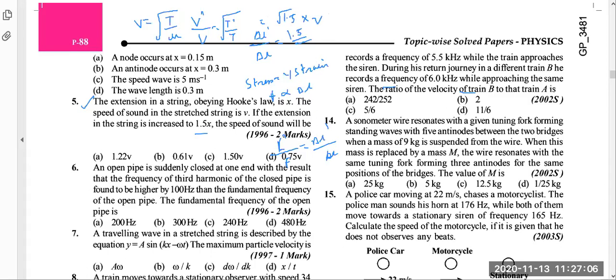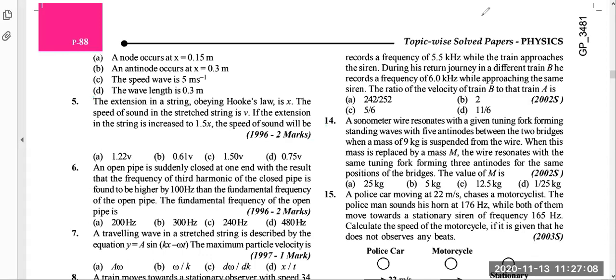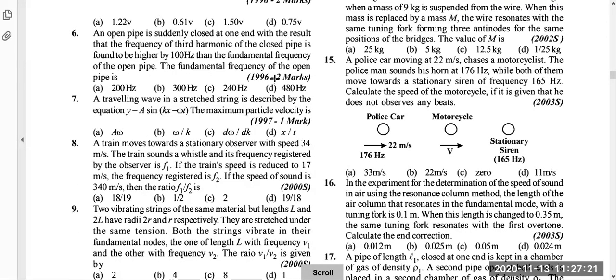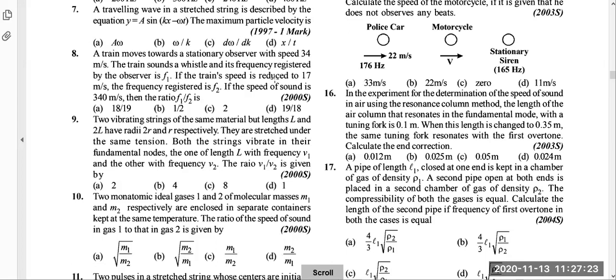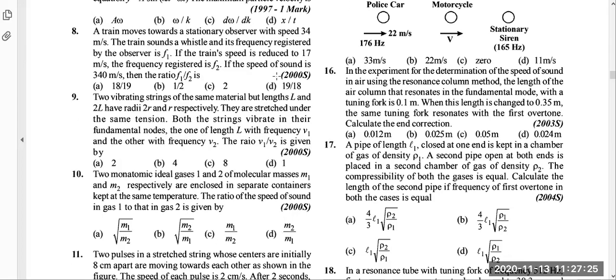Okay, next, till question number 10. Till question number 10, any doubts? Harsha? Till question number 10?